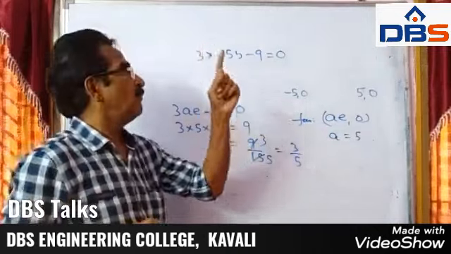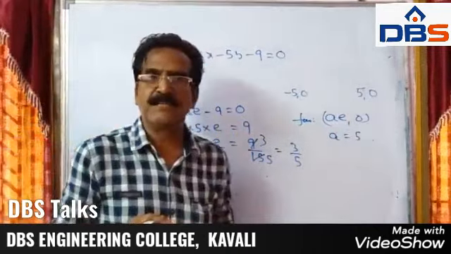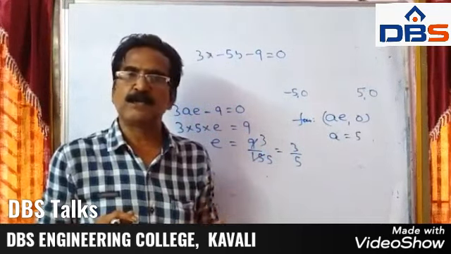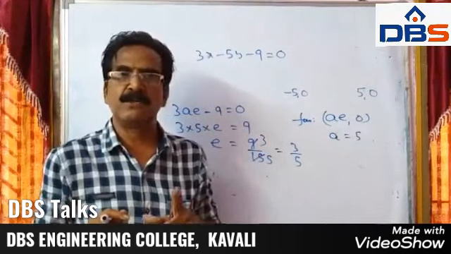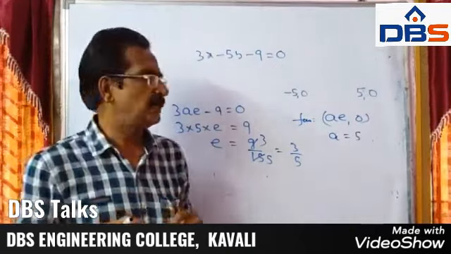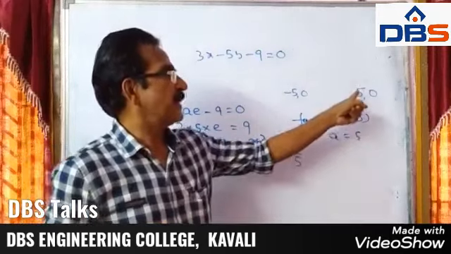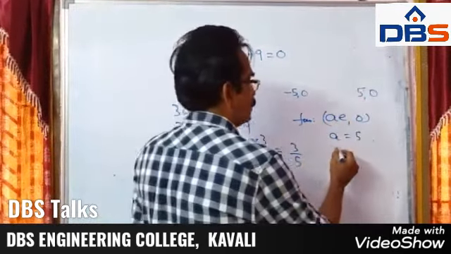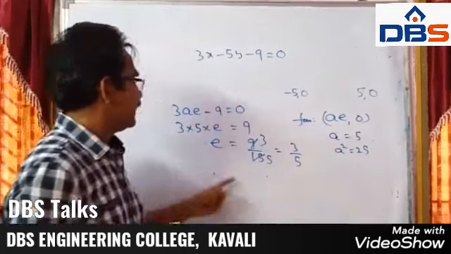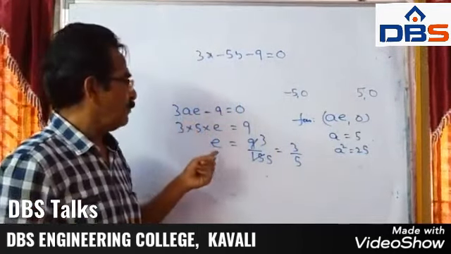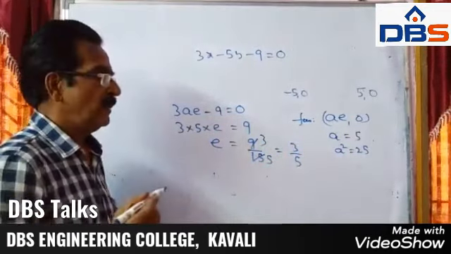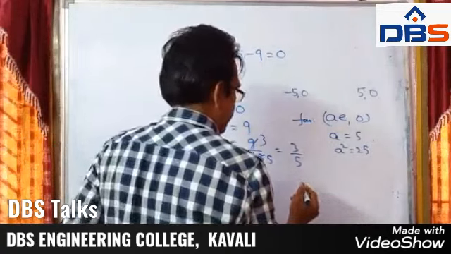So now what else do we want to find the equation of the ellipse? Equation of the ellipse in standard form, x square by a square plus y square by b square is equal to 1. So now we want b square. a is known, so a square is equal to 25. That is fine. e, just now we have found, e is equal to 3 by 5, and now we want b square.